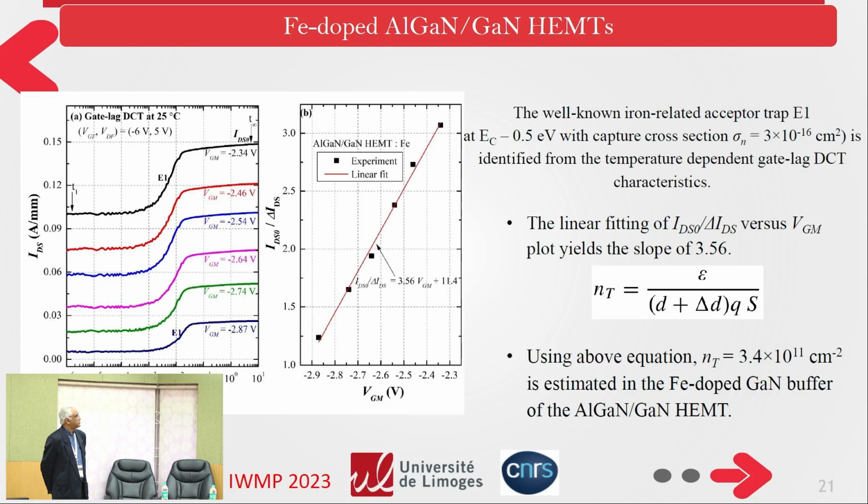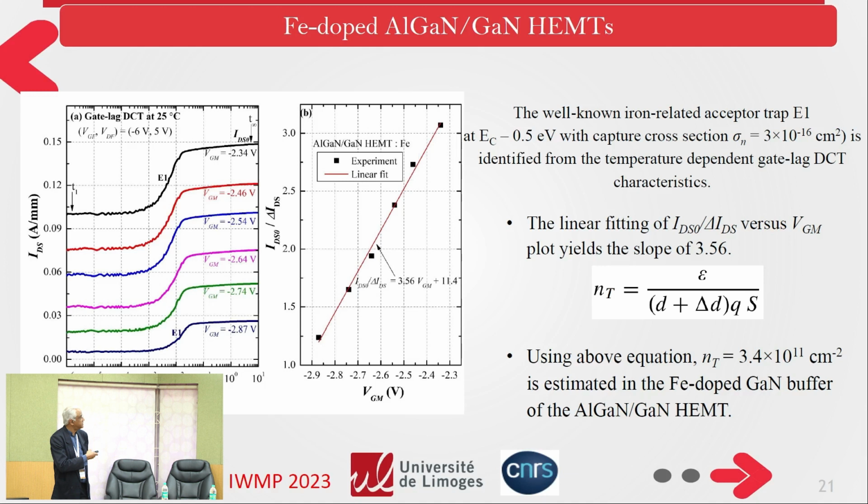To estimate the value of NT, the filling time is always 1 second, and the VGS filling and drain filling values are -6 and 5 volts, and we vary the value of VGM in order to modify the current also, and we plot IDS0 over delta IDS versus the variation of VGM.